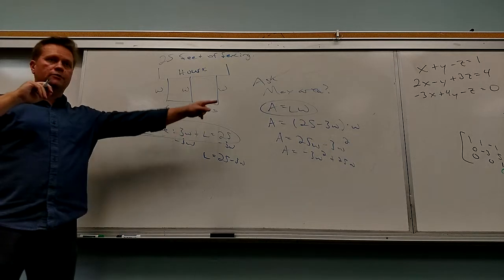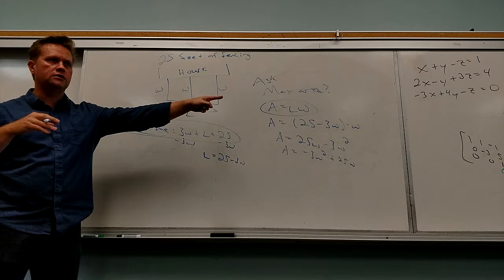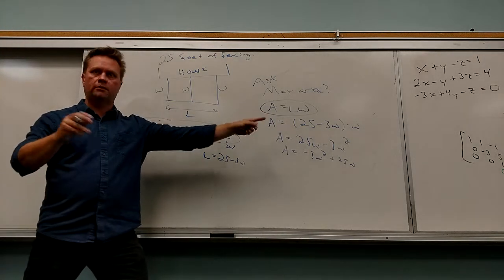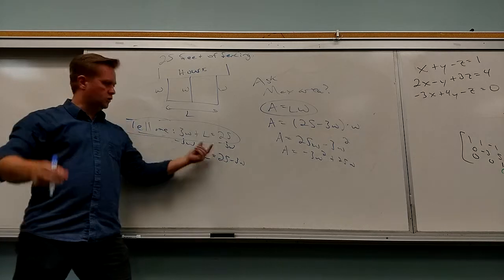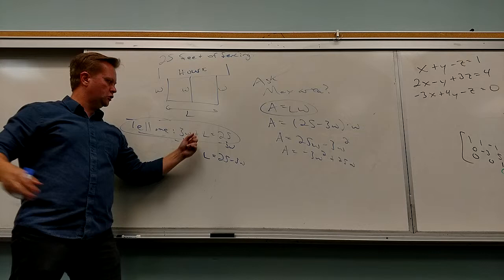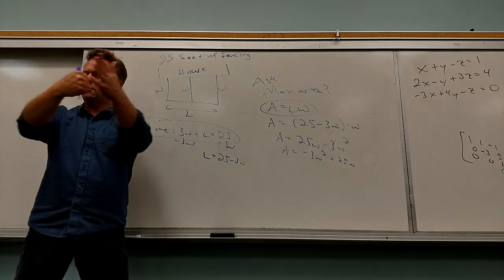And then it's a system of equations. I'm going to bring in some more technical terms now. System of equations dealing with L and W. I can substitute. That's exactly what we just did. Remember the substitution method? Solve for a letter and plug it into the other one. That's exactly what we're doing, because I have two equations with the same two unknowns. I can use them to help me figure things out.